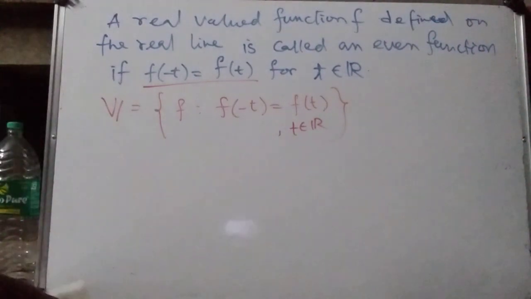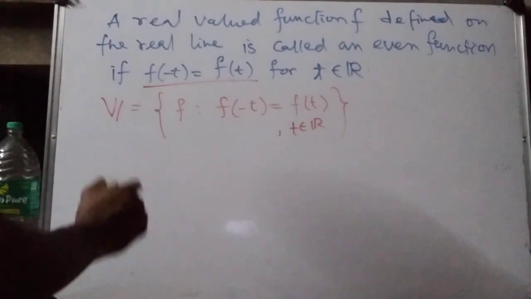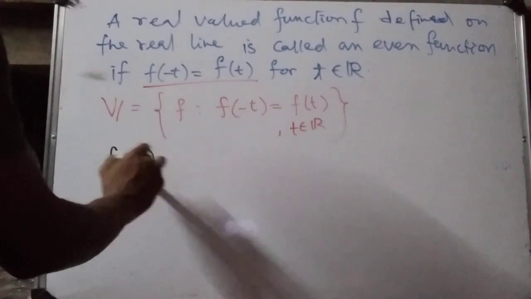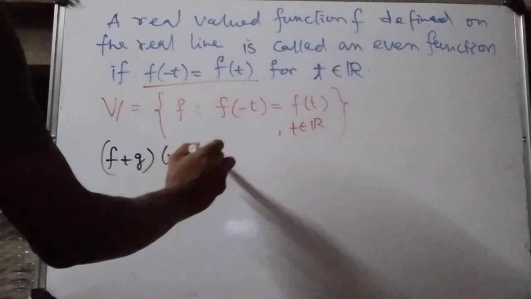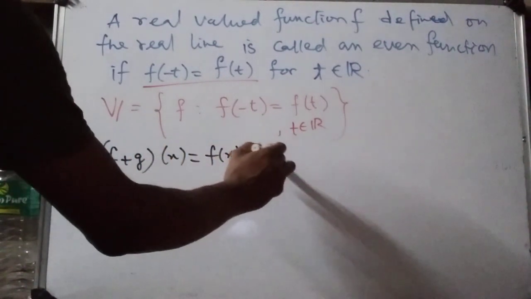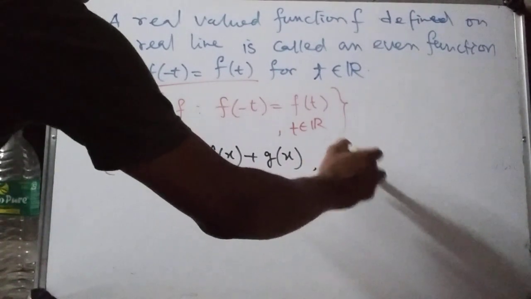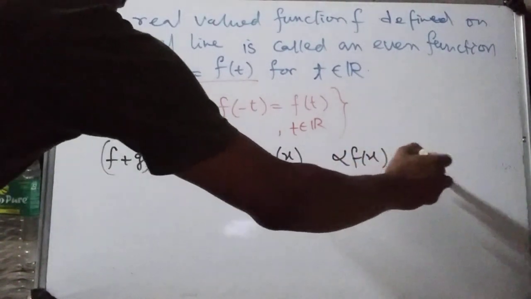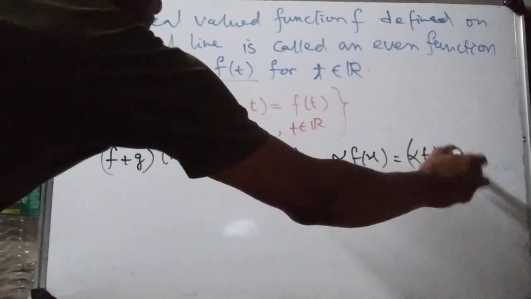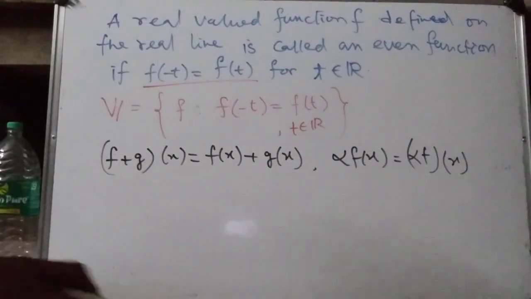So (f plus g)(x) equals f(x) plus g(x), and (alpha f)(x) equals alpha f(x). Not a problem at all.